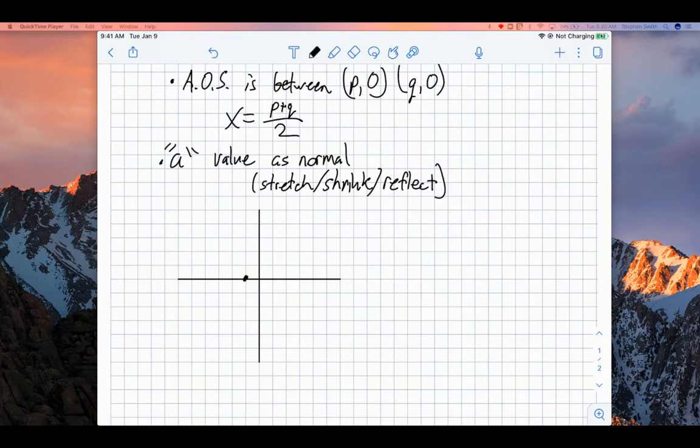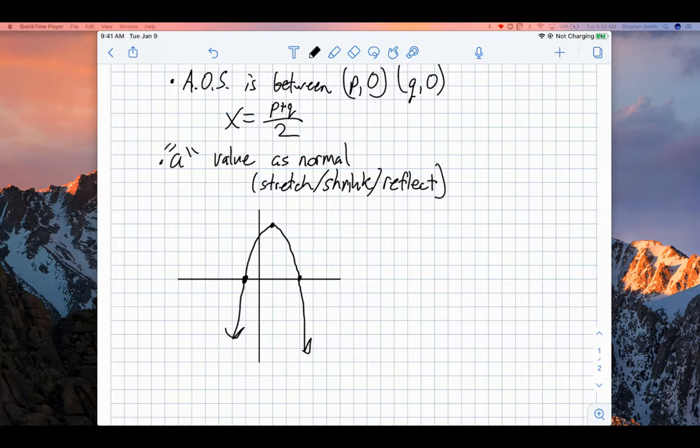Let's go ahead and go here, here, and here. So here's my quadratic. And this is some quadratic. I don't know what it is exactly.